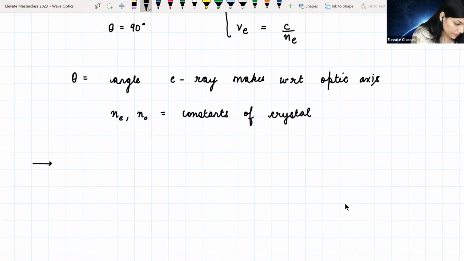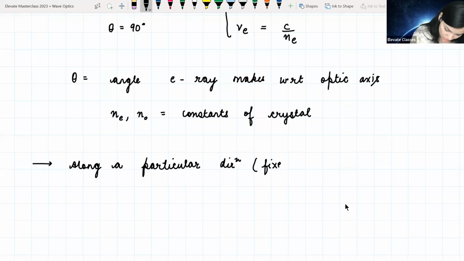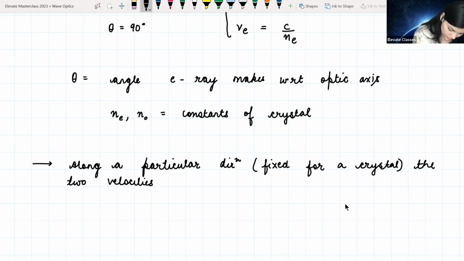So along a particular direction which is fixed for a crystal, the two velocities of O ray and E ray are equal.